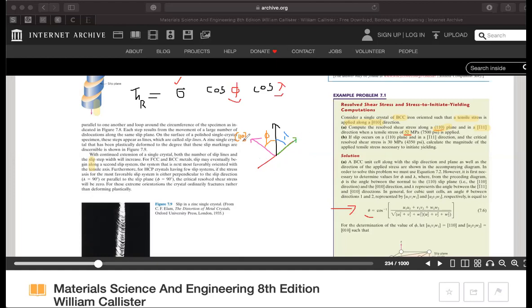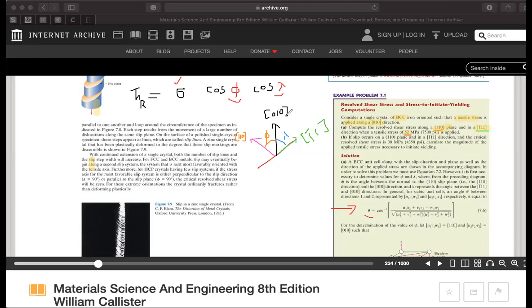So what is the slip direction? He told us, right? It is minus 1 1 1. Good. What else do I know? Well, I know the direction of the load is 0 1 0.